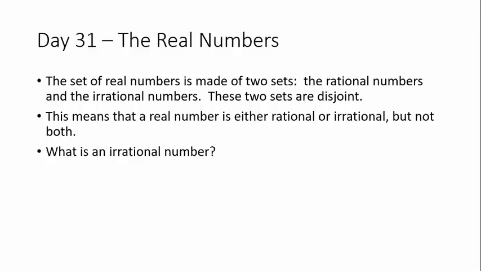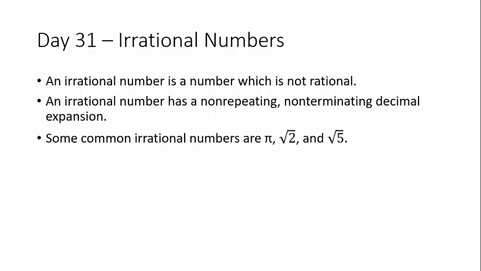So, what is an irrational number? An irrational number is a number which is not rational. Remember, a rational number is one which can be expressed as a fraction. So an irrational number is a real number which cannot be expressed as a fraction.